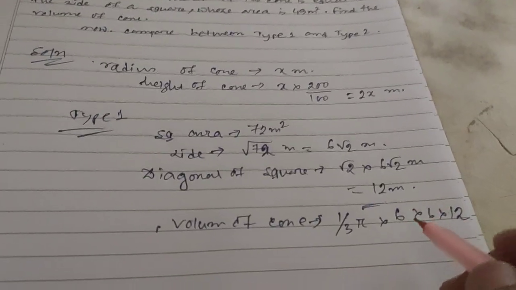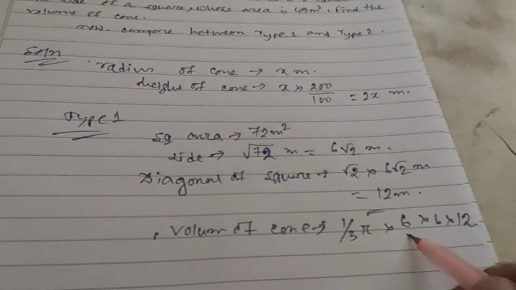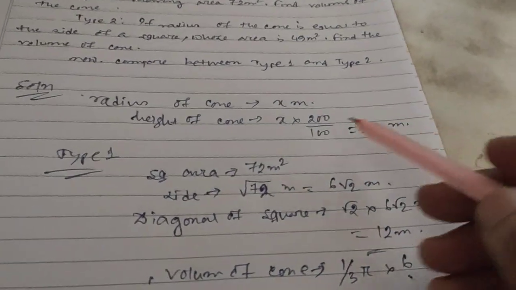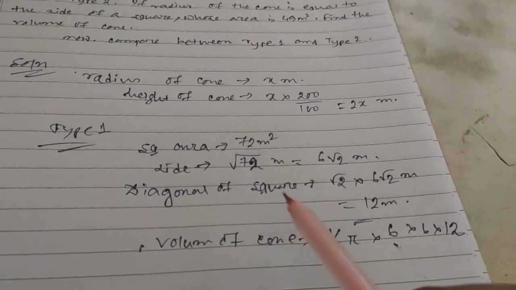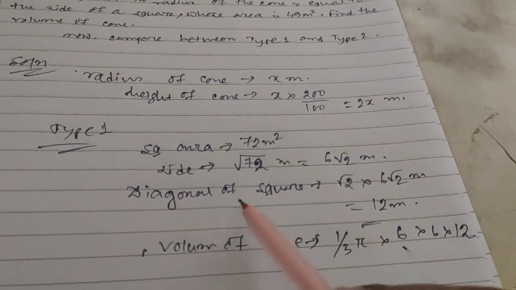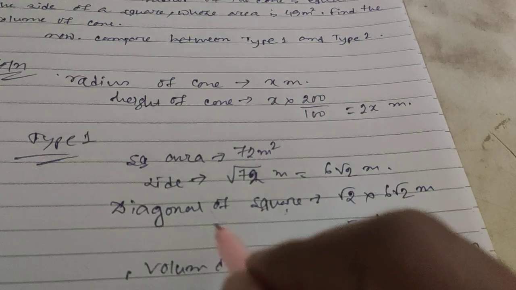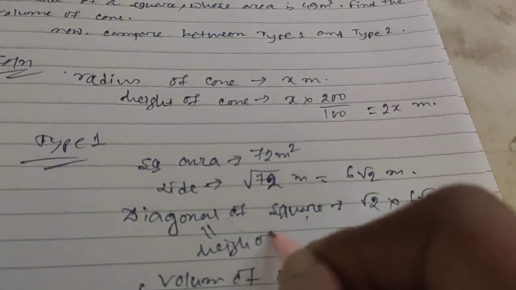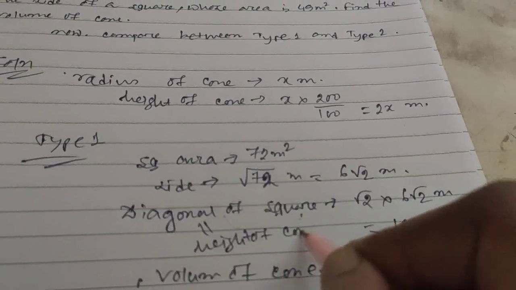And if you have the question why r is 6, here I am explaining again: the height of the cone is the diagonal of the square, so the diagonal of the square is 12 meter, which is the same as the height of the cone, right?